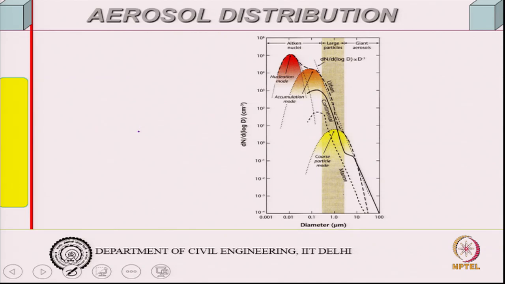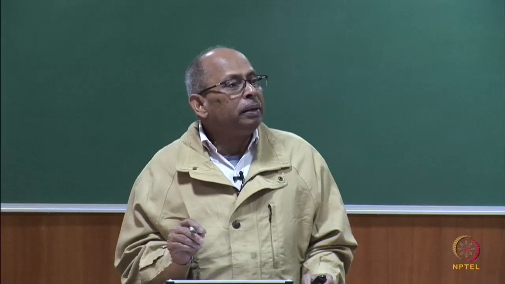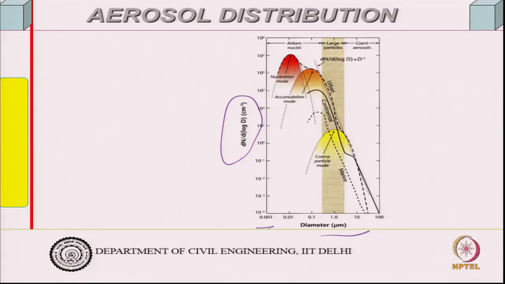Aerosol concentration, if you look at it, this is diameter versus number of particles. Usually particle sizes generally vary from 0.001 to 100 in microns or whatever unit you take.